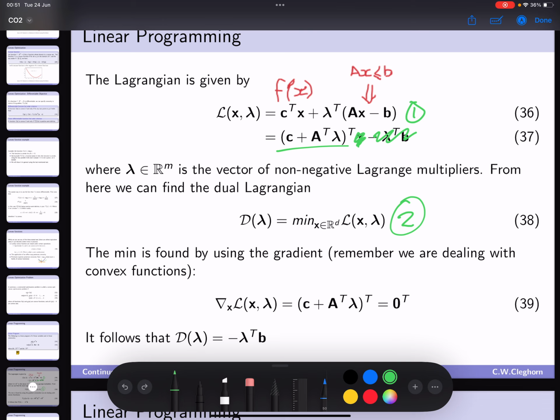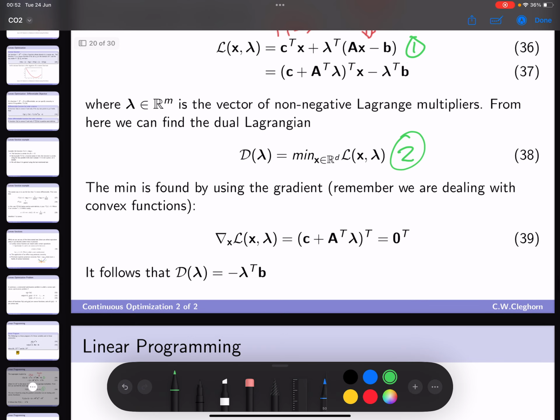But you do substitute this back into our original function, which is then step 3.